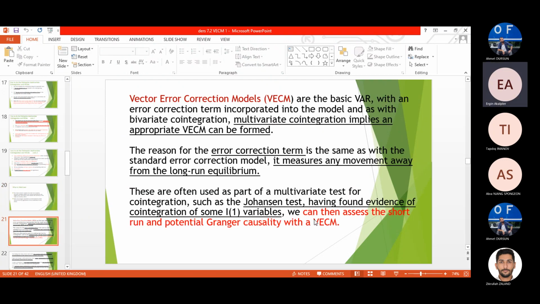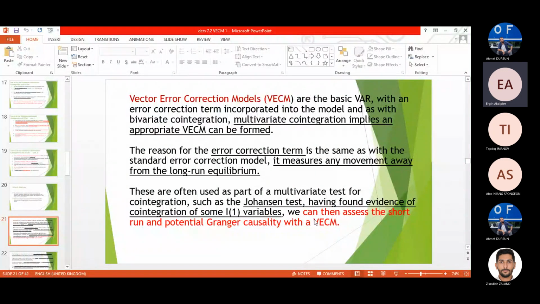Vector error correction models are the basic VAR with an error correction term incorporated into the model, and as with bivariate co-integration, multivariate co-integration implies an appropriate vector error correction model can be performed. The reason for the error correction term is the same as with the standard error correction model.